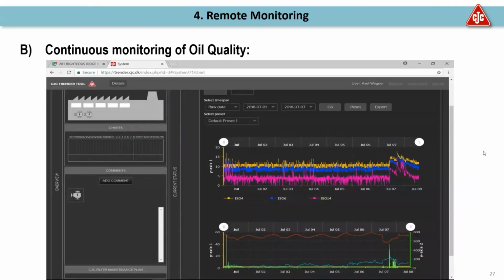Now, looking at what may be gained from continuously monitoring your oil quality. Here you have a typical example of a turbine oil, and you see a very low and steady measurement over days in the range of ISO 12 or 13, so extremely clean oil.